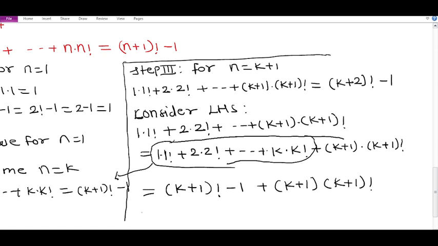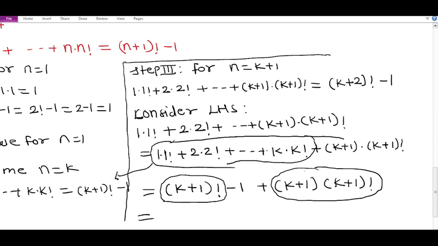Now from these two terms, you can take (k plus 1) factorial outside. So inside the bracket, it is 1 plus (k plus 1), and this minus 1 as it is.